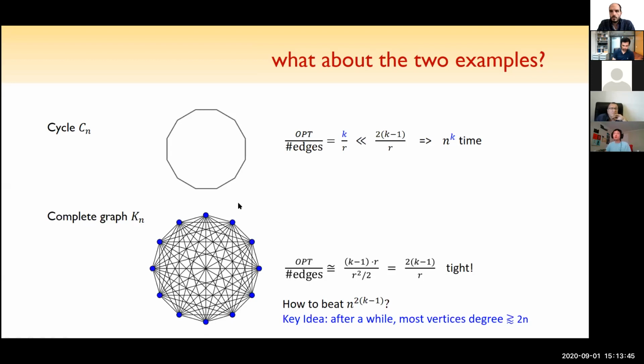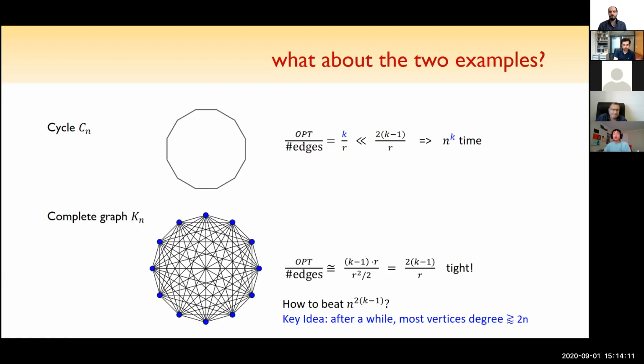So it might be the case that the first iteration is tight, but later on it should not be tight. We should actually be able to squeeze out another factor of 2 once more iterations have passed. And this factor 2 savings exactly corresponds to the final probability of success of 1 over n to the k.